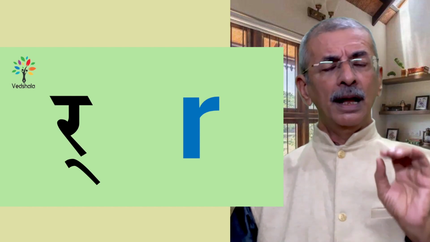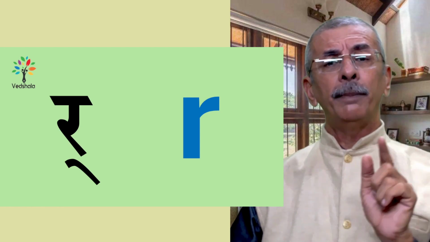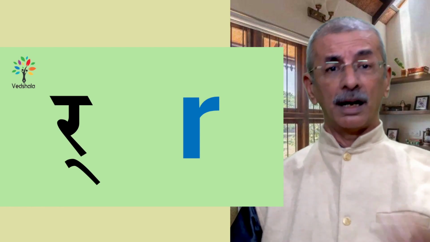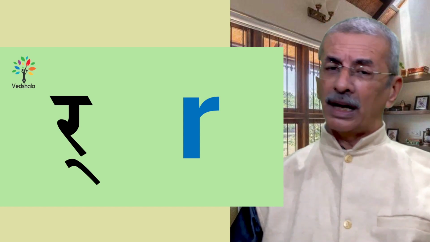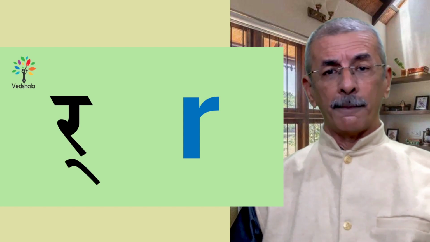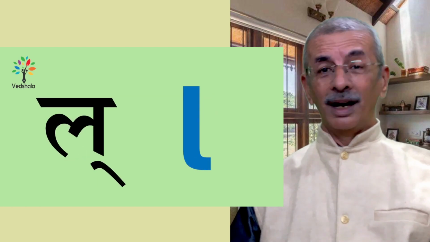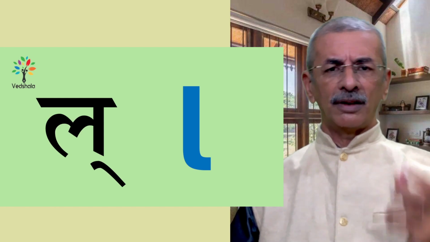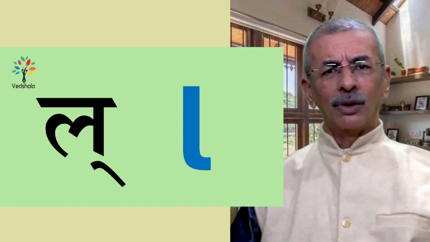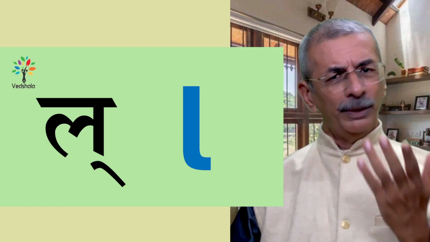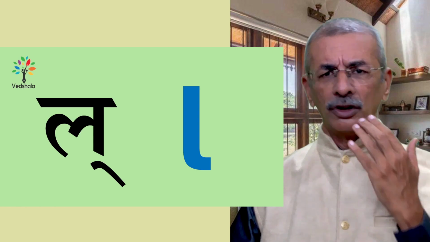R is denoted by R, like rubber. We pronounce it in English as rubber, the same pronunciation. Now L, the same lowercase L. When we say love, we pronounce it L, the same sound.